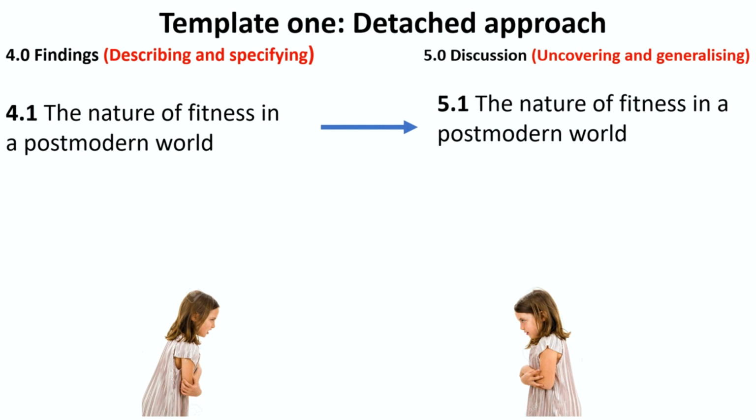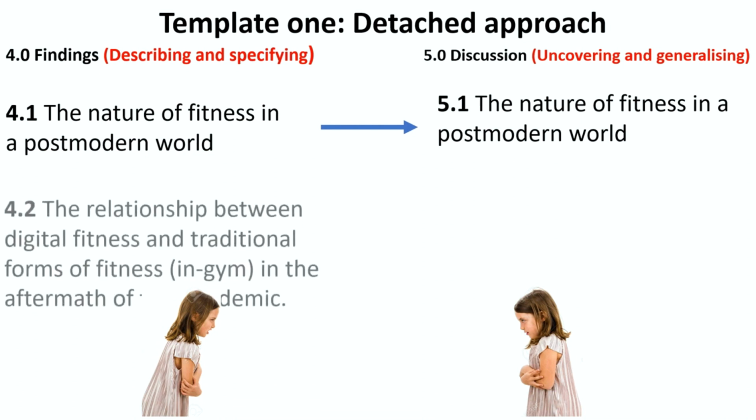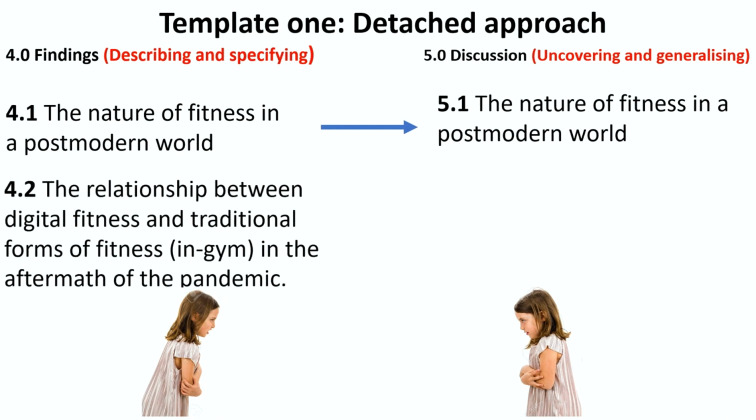4.1, very descriptive and specific. But the next chapter, you're looking at exactly the same area, but you're looking at this from an analytical point of view. Another example, 4.2, the relationship between digital fitness and traditional forms of fitness. You're looking at this from a descriptive and specifying point of view.